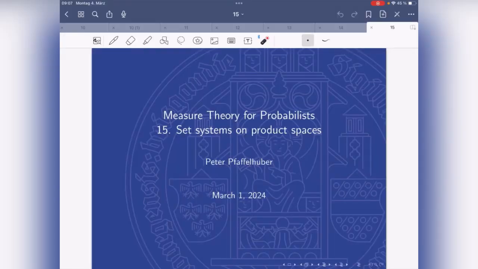Today we start off with, again, sigma algebras, but this time on product spaces, and we will have a special focus on arbitrary index sets, and I will explain to you in a second what that means. So let's get started. We have product spaces, and again we need sigma algebras in order to do measure theory.